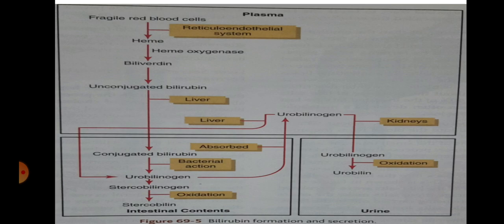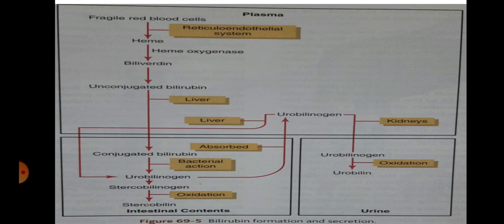Soon thereafter it is conjugated about 80% with glucuronic acid to form bilirubin glucuronide, about 10% with sulfate to form bilirubin sulfate, and about 10% with a multitude of other substances.